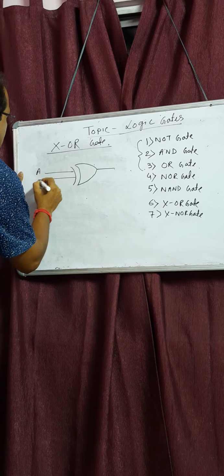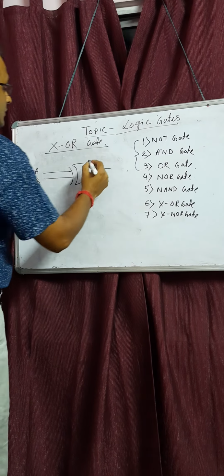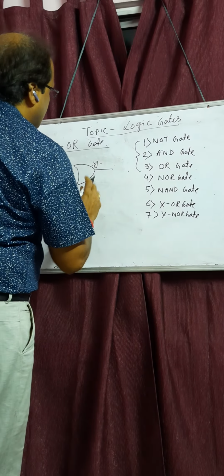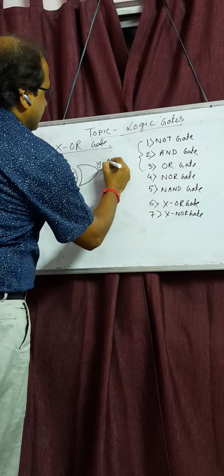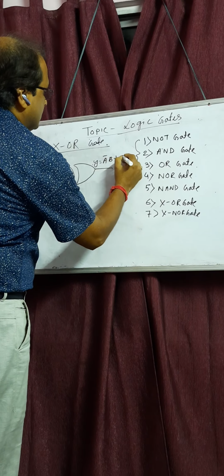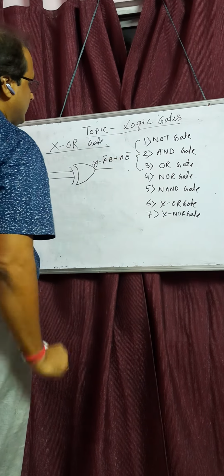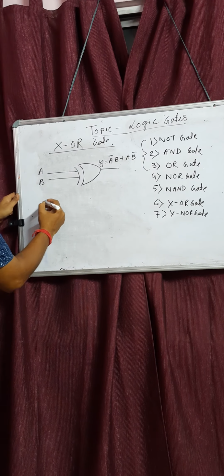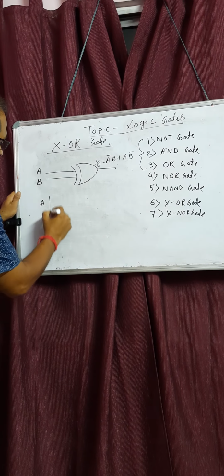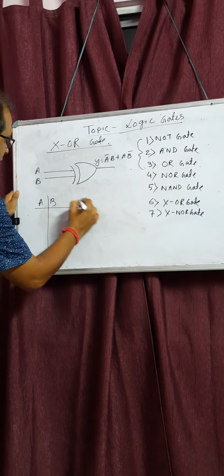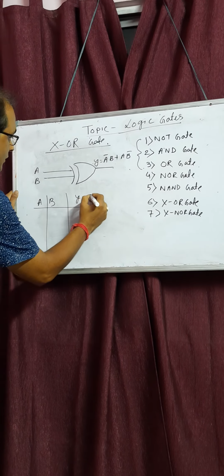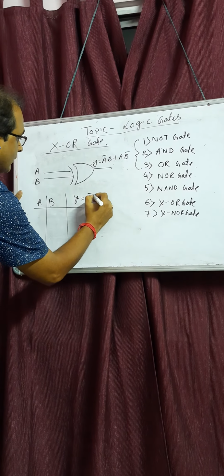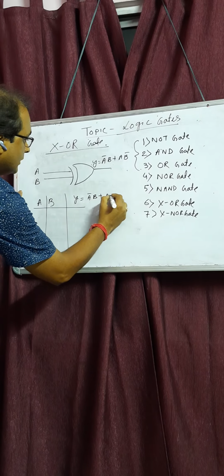So two inputs are there, A and B, and the expression for this XOR gate is A bar B plus AB bar. So these two inputs, A and B, and output will be Y is equal to A bar B plus AB bar.